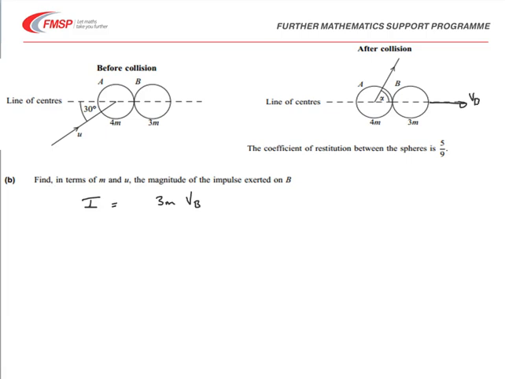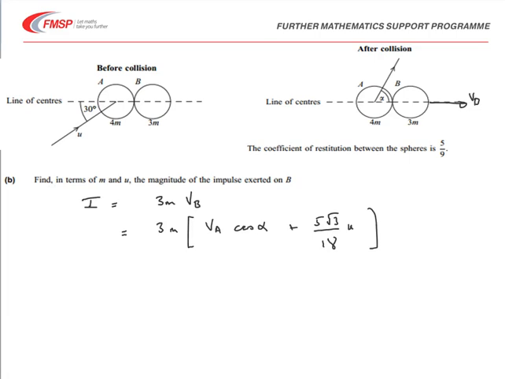We've got an expression for VB, which we can substitute from the previous working, which was VA cosine alpha plus 5 root 3 over 18 times u.